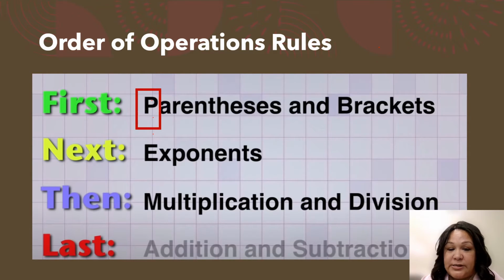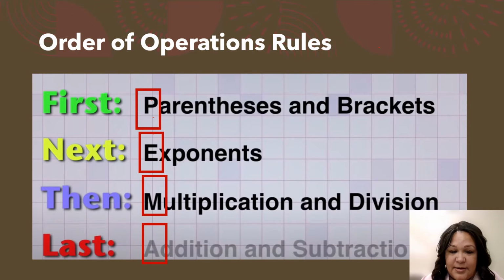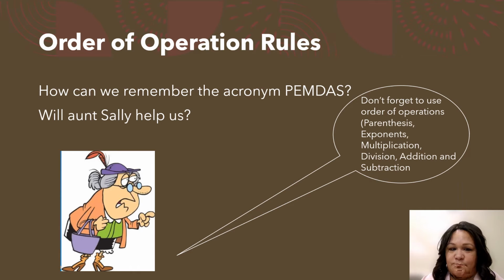So we see the first letter is a P. The second letter is an E. The third letter is an M. And then, of course, our fourth letter is a D, and then an A, and then an S. So what does that spell? It spells PEMDAS.